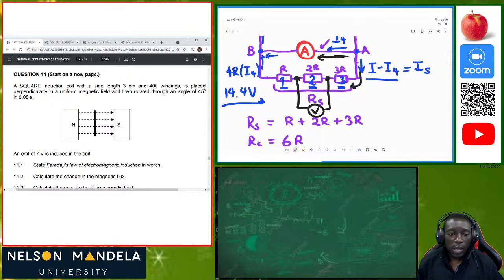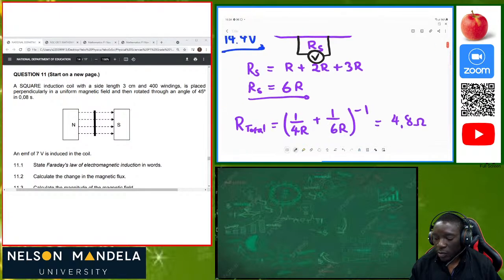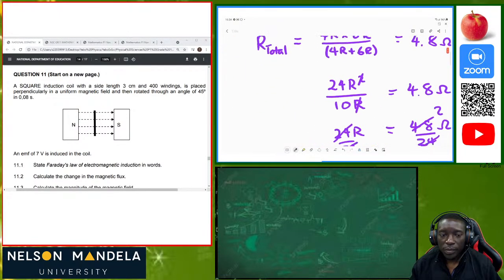Okay, so let's look at this one, a continuation of electricity. It's the magnetism part. So we'll just look into this question too.